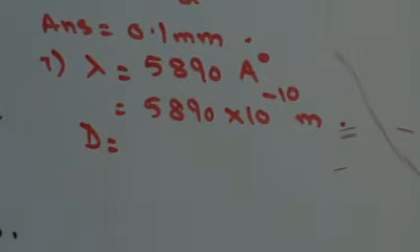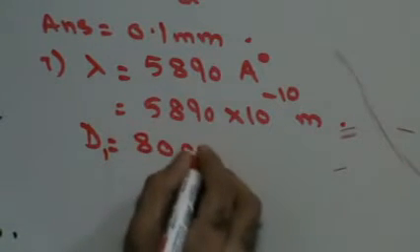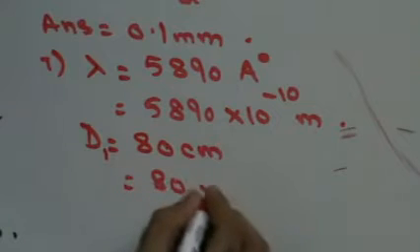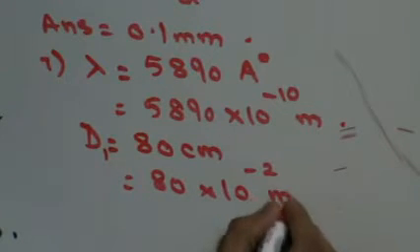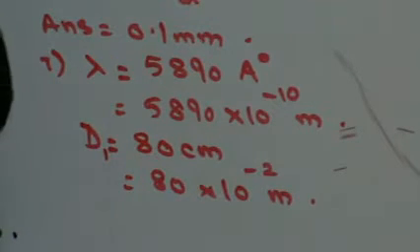The distance between the slit and the eyepiece is 80 centimeters.